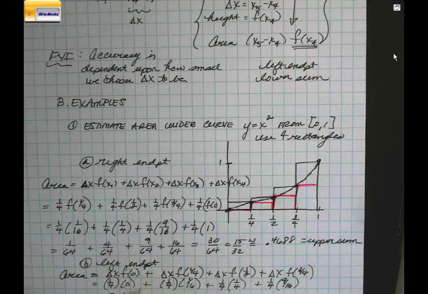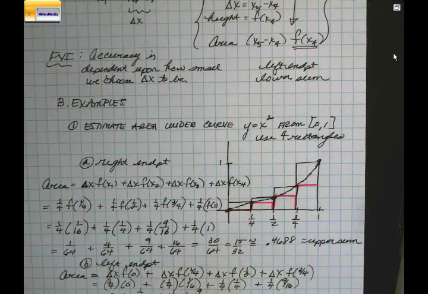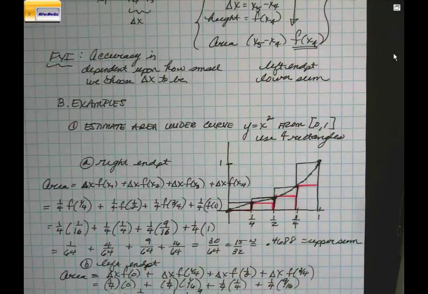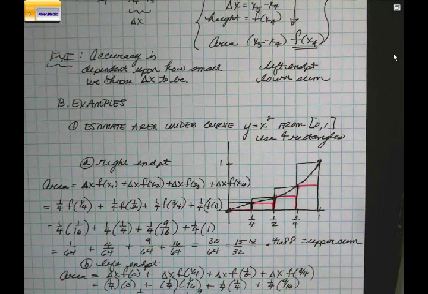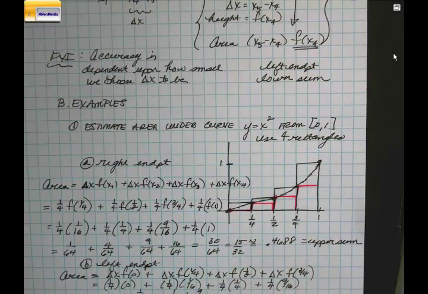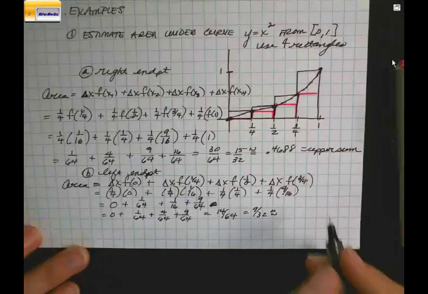So this turns out to equal 0 plus 1 over 64 plus 4 over 64 plus 9 over 64, which is 14 over 64, which is 7 over 32, which is what in decimal?